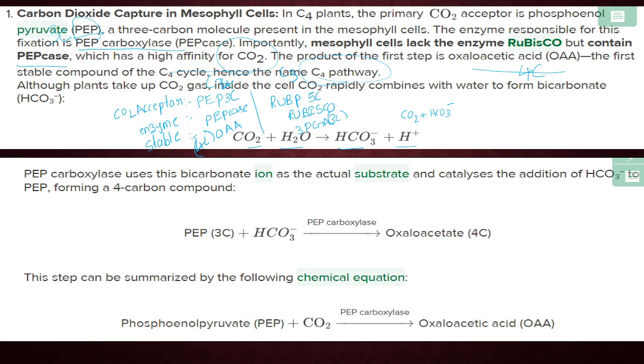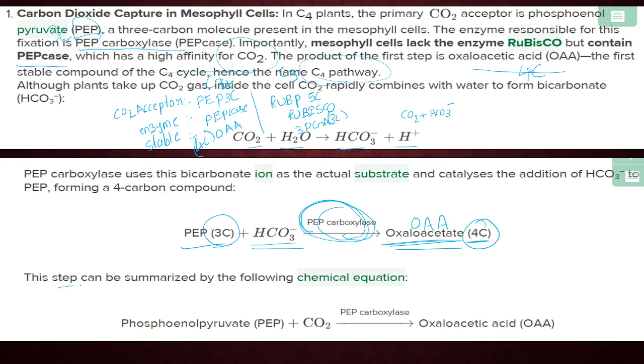PEP carboxylase uses this bicarbonate ion as the actual substrate and catalyzes the addition of HCO3 to PEP. Phosphoenol pyruvate, a 3 carbon compound, combines with HCO3 minus in presence of PEP carboxylase to form oxaloacetic acid, a 4 carbon compound, the first stable compound.